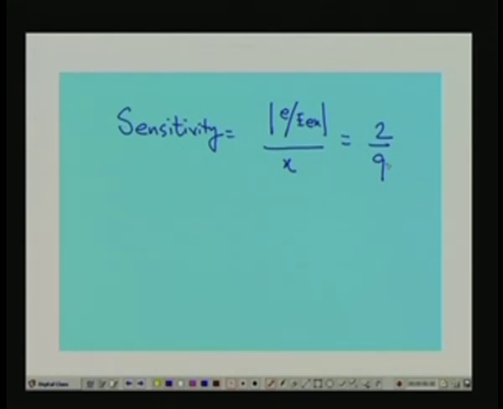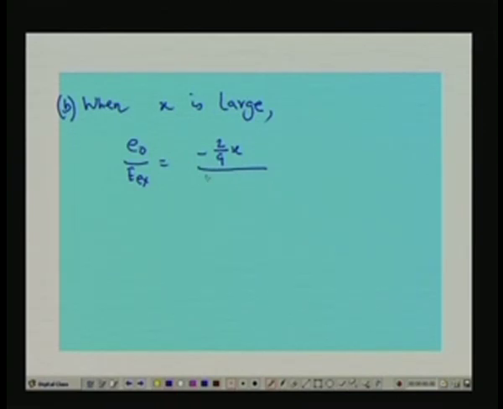Solution B: when x is large, E naught upon E x will be equal to minus 2 by 9 x upon (1 plus 2 by 3 x).